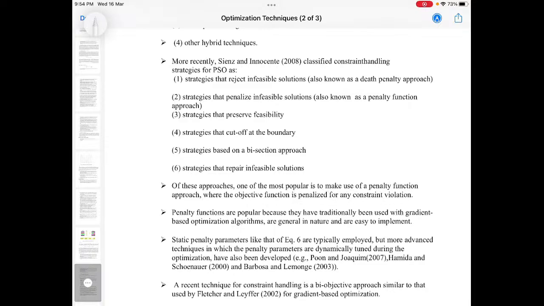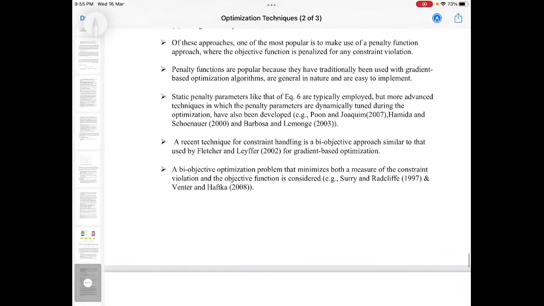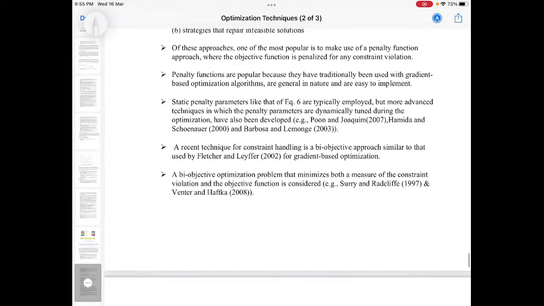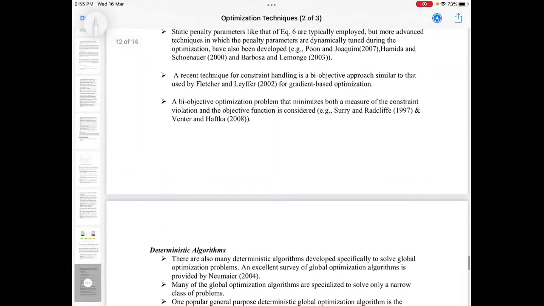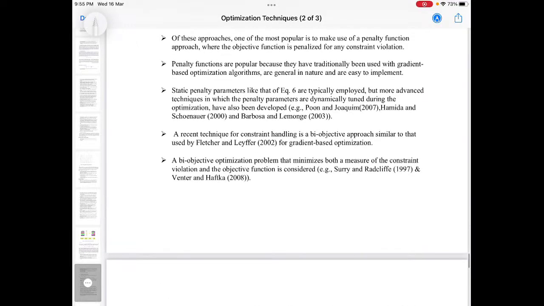Penalty functions are popular because they have traditionally been used with gradient optimization algorithms, are general in nature and easy to implement. Static penalty parameters like that of equation 6 are typically employed.